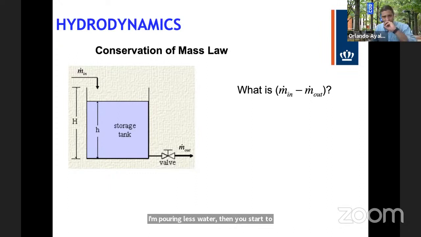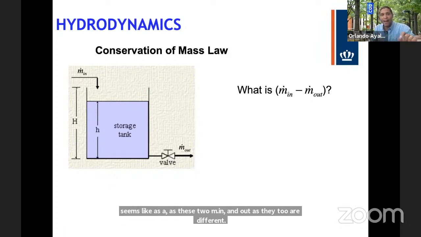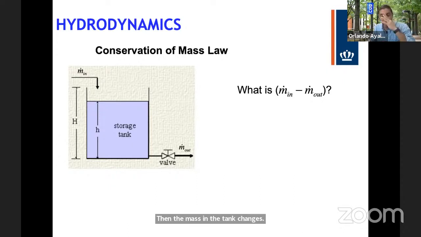So it seems that as these two values, m dot in and m dot out, are different, I am changing the amount of mass in the tank. Once again, if m dot in is larger than m dot out, then I'm increasing the mass.